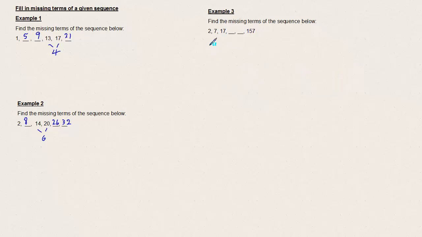Now what I've spotted here is if I take 2 and times it by 2 and then add 3, I get 7. If I take 7, multiply it by 2 and add 3, that's 14 add 3 is 17. So that works.